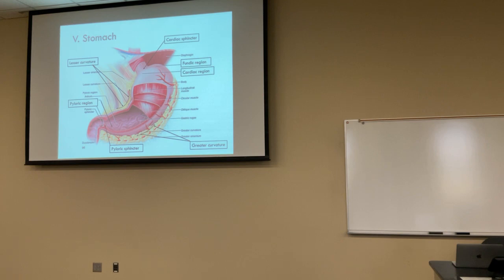And then at the bottom of the stomach, in the lower part, there's a pyloric sphincter. The pyloric sphincter stays closed right after you eat food to ensure that the food stored in the stomach gets mixed with the digestive enzymes and also the hydrochloric acid that the stomach produces.